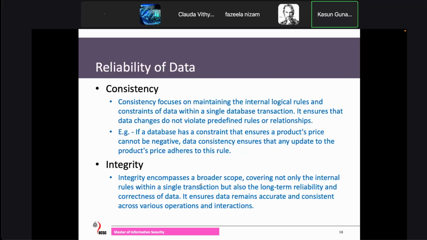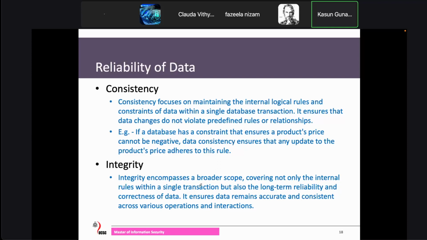If we look at consistency, it focuses on maintaining the internal logical rules, structures, and constraints of data within a single database transaction. So it is about having the correct representation from one point to another.